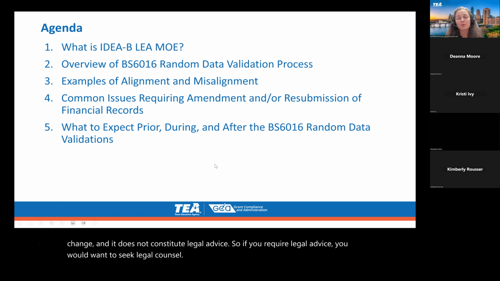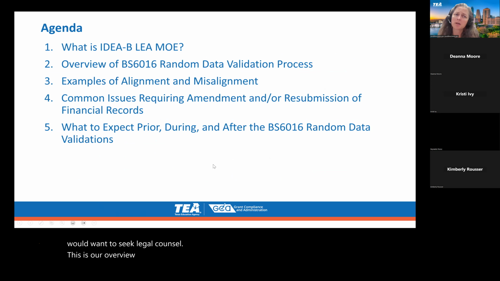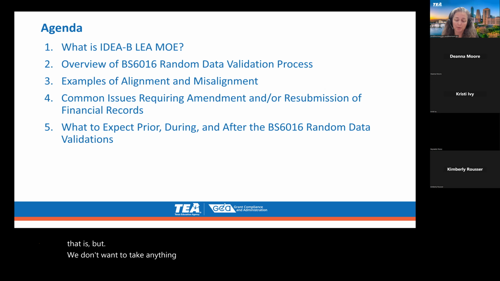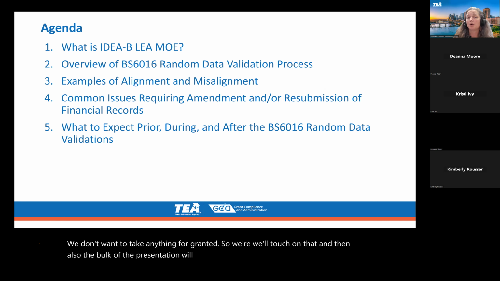This is our overview for our presentation this morning. We'll touch on what is IDB LEA MOE. Most of you are probably well versed in what that is, but we don't want to take anything for granted, so we'll touch on that. And then the bulk of the presentation will be an overview of the BS 6016 random data validation process.